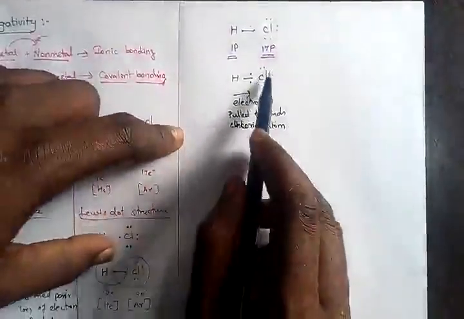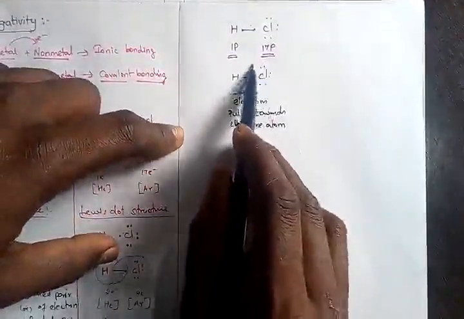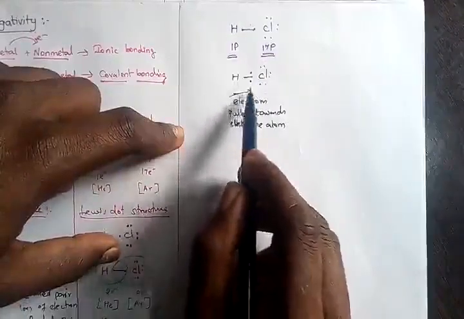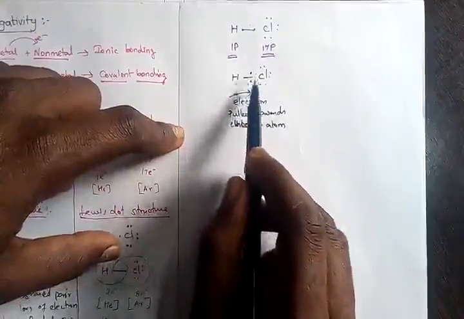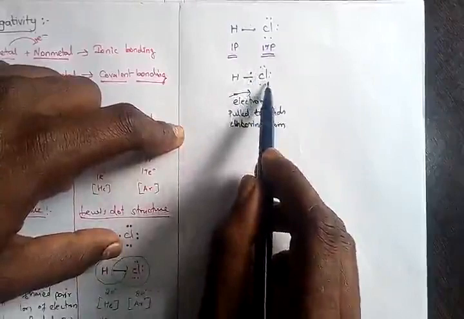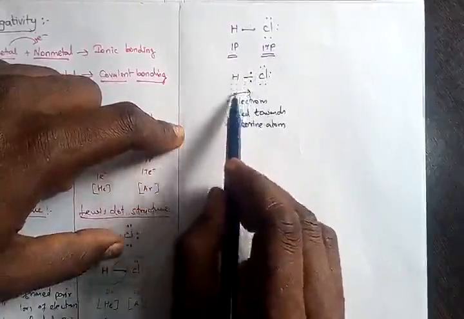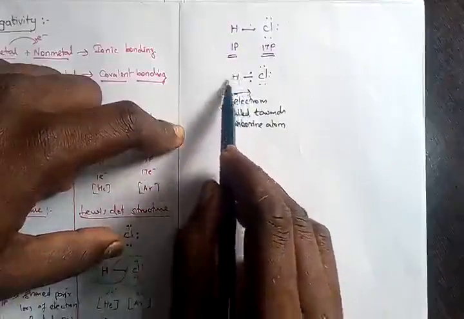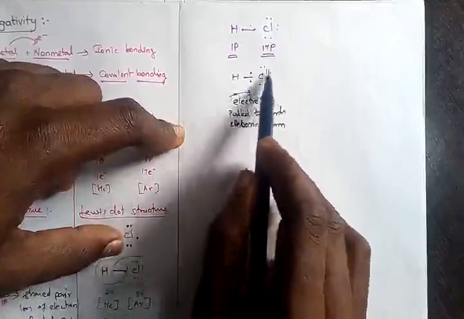So that's what we say. The chlorine is the more electronegative element. So it pulls the electrons, what electrons? The bonded pair of electrons, towards itself. Then the hydrogen is less electronegative compared to chlorine.